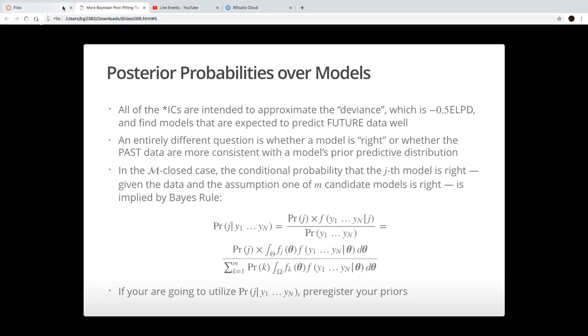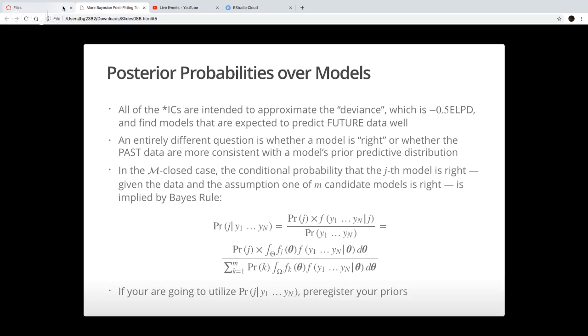And in fact, in the so-called M-closed case, M-closed meaning you're going to estimate K candidate models, and one of those K candidate models is the truth. You just don't know which one.